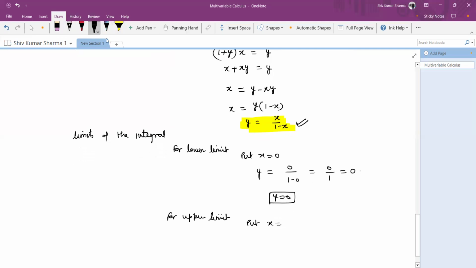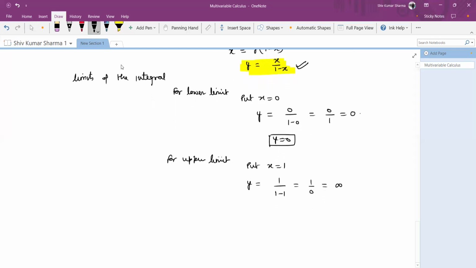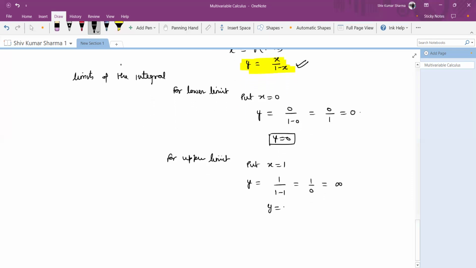So we put x is equal to 1, so this gives us y is equal to 1 upon 1 minus 1. So this gives us 1 upon 0, or something upon 0, is equal to infinity. So the upper limit will be y equal to infinity. So the lower limit is 0 and the upper limit is infinity. So we require these limits also.